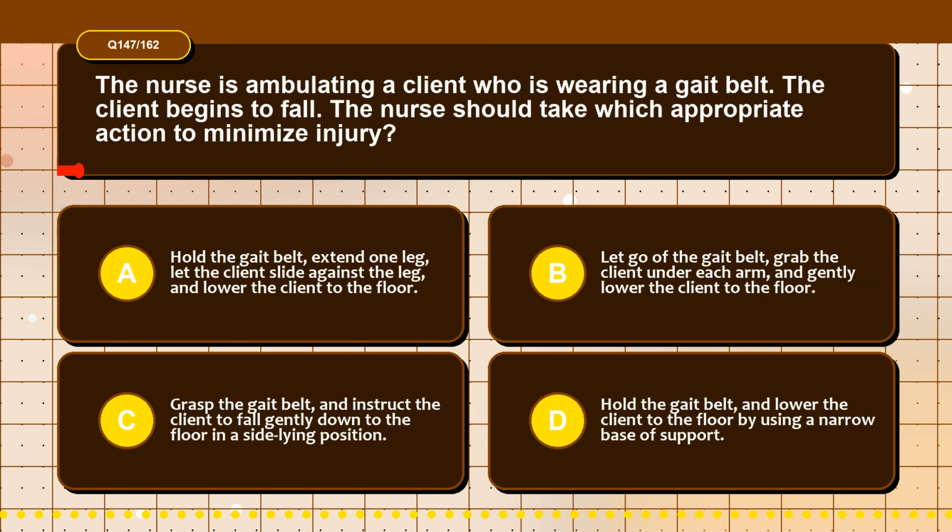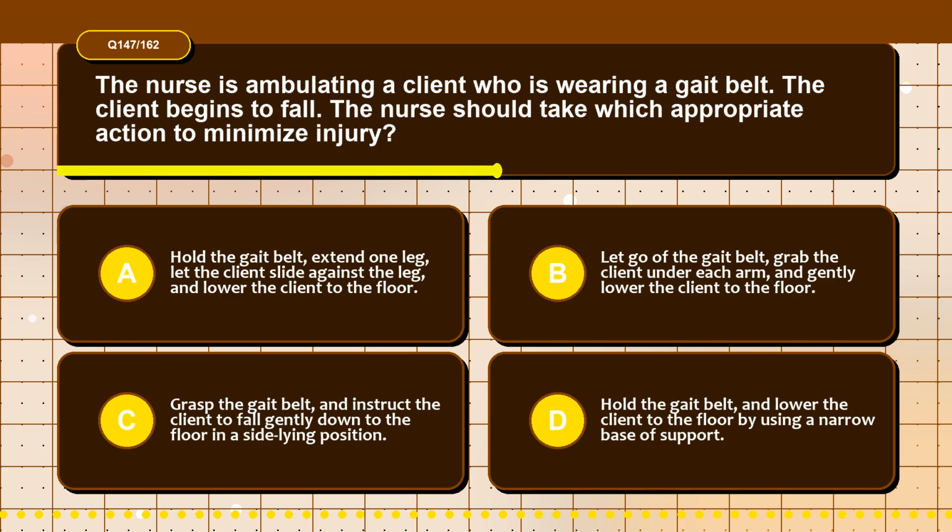Question 147. The nurse is ambulating a client who is wearing a gait belt. The client begins to fall. The nurse should take which appropriate action to minimize injury? Here are the options. Option A. Hold the gait belt, extend one leg, let the client slide against the leg, and lower the client to the floor.